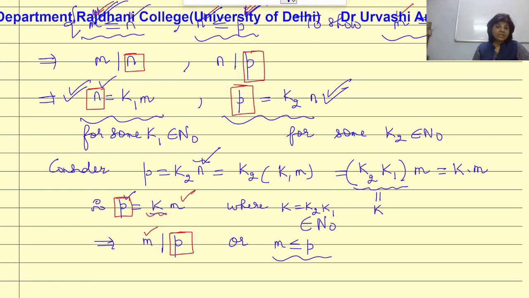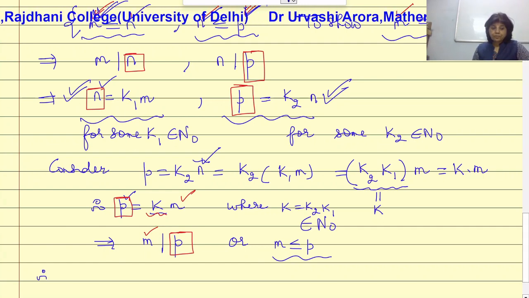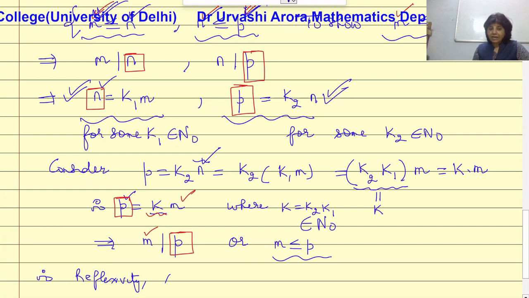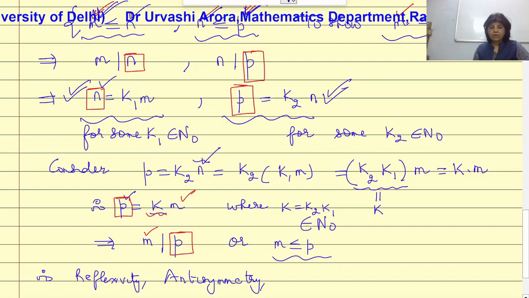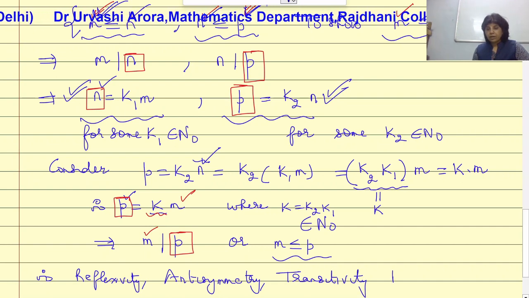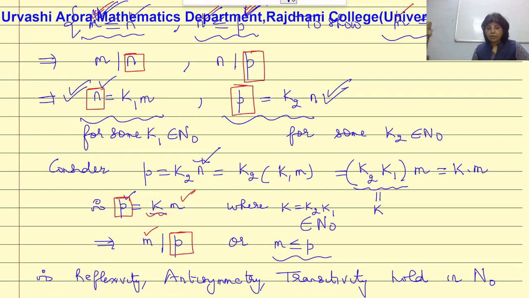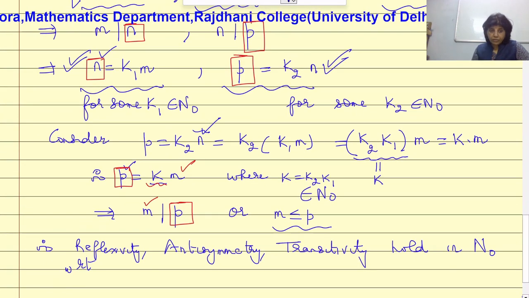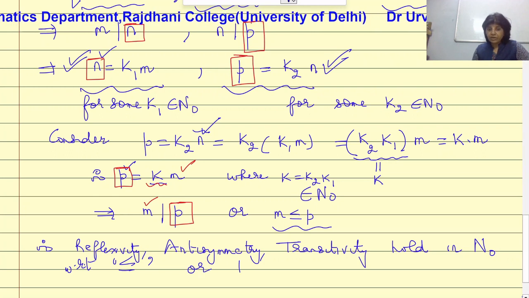So transitivity holds. This means that all three properties, reflexivity and antisymmetry and transitivity, hold in the underlying set, which is the set of whole numbers, with respect to the relation which is the divisibility relation.